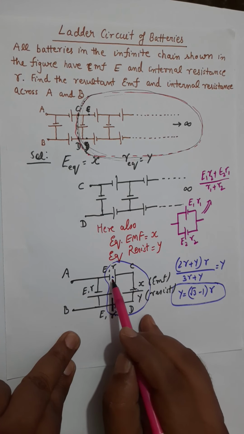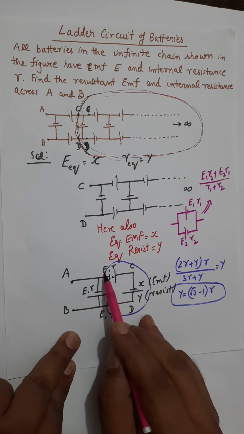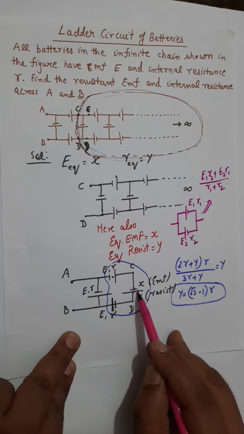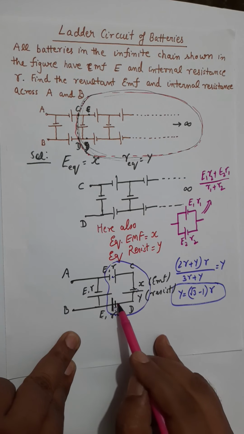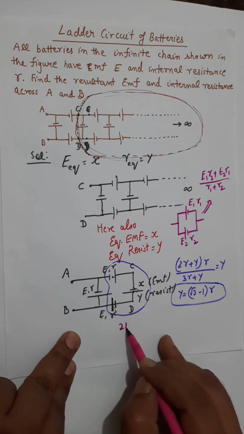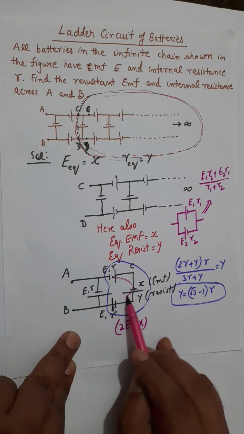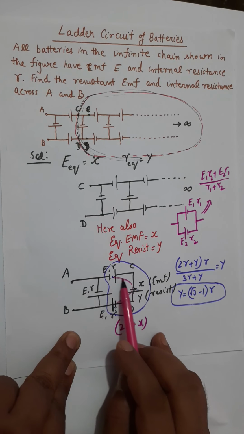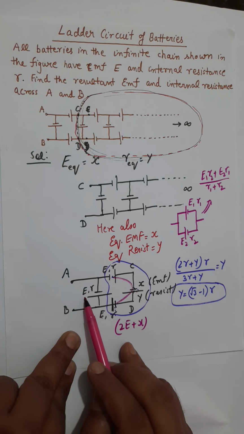So first of all, we will combine these three batteries. You combine these three batteries, EMF E, E and this EMF is X. So the total EMF of these three batteries will be E plus E plus X, that is 2E plus X, the total EMF of this group, and this group is in parallel combination with this battery.